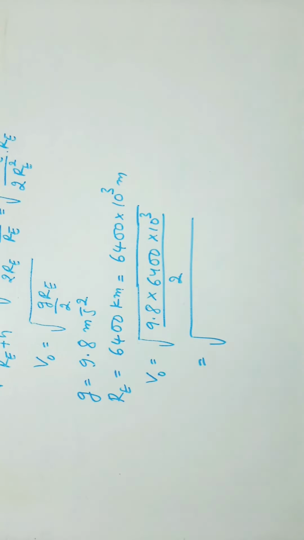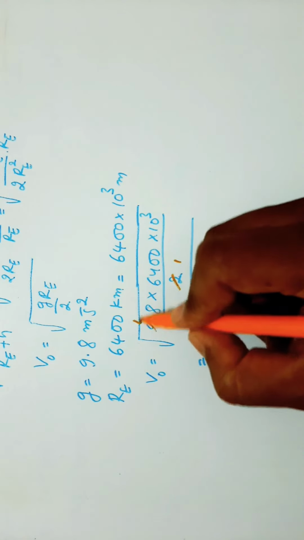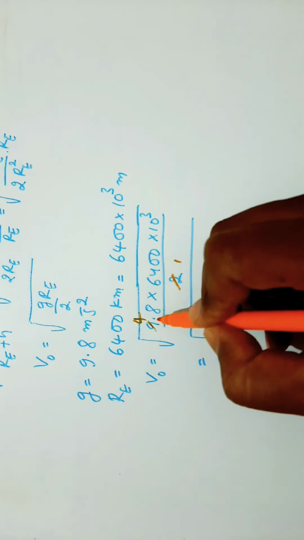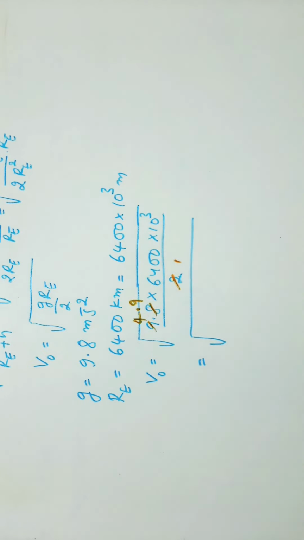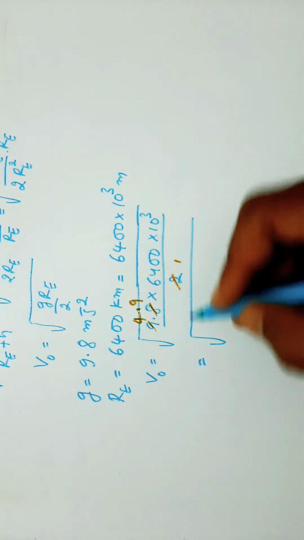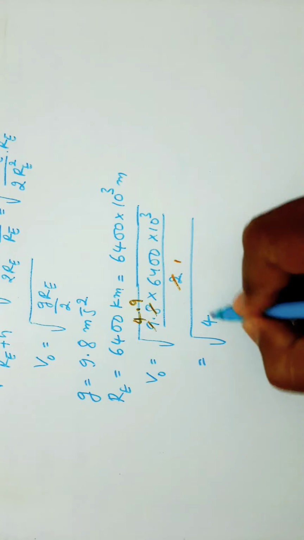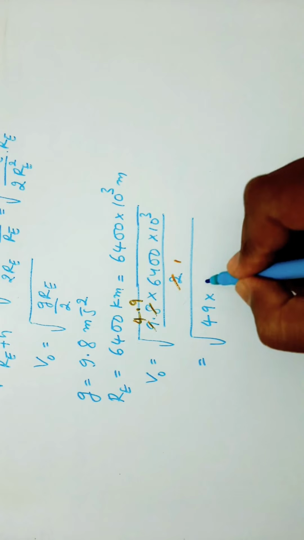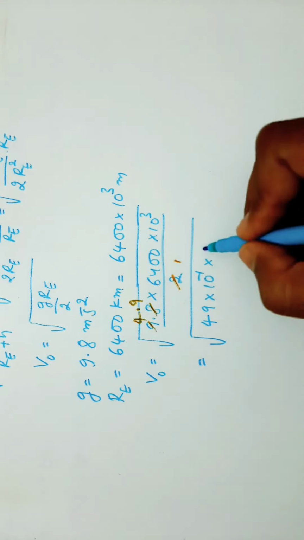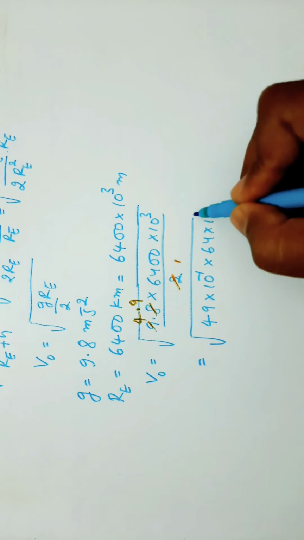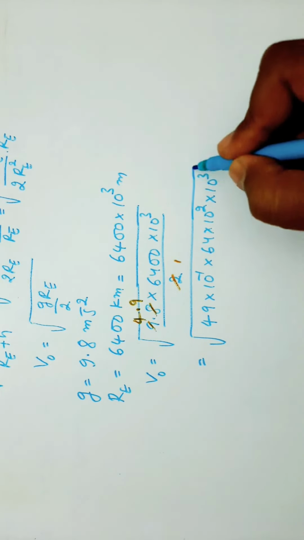Here 2 ones are 2, 2 fours are 8, 2 nines are 18. So I am writing it as 49 × 10^-1, and 64 × 10^2, into 10^3.